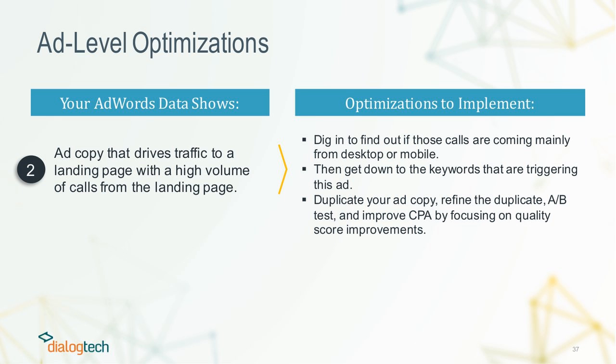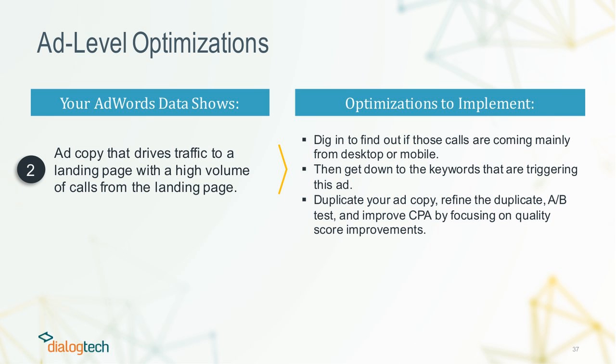And then last, your AdWords data shows ad copy that drives traffic to a landing page with a high volume of calls from the landing page. So again, you want to make sure you know if these calls are coming from desktop or mobile. You do that at the campaign level, segment by device, or the ad group level. And then you figure out the keywords that are triggering this ad.